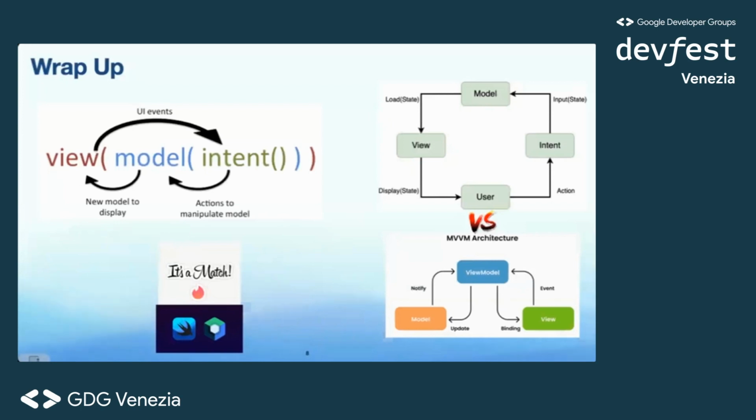And then the view is changing itself, rendering itself in function of the state emitted by the model. And again, it's particularly a match for Jetpack Compose, Flutter, or SwiftUI, for declarative frameworks that only want to concern themselves with what we are displaying without caring about how we are displaying the data.